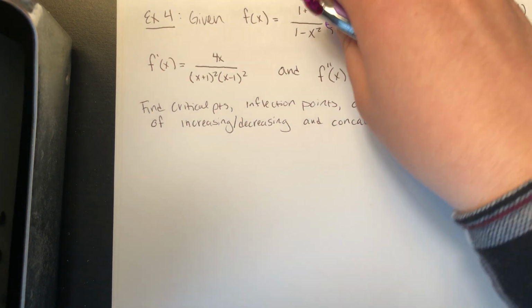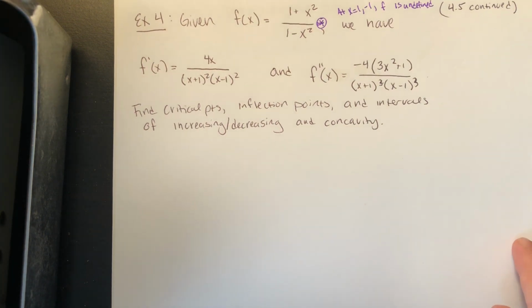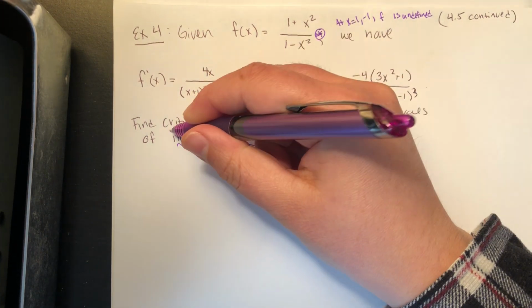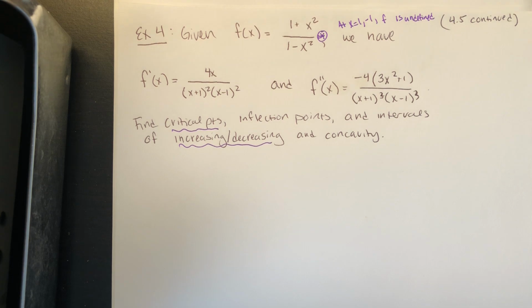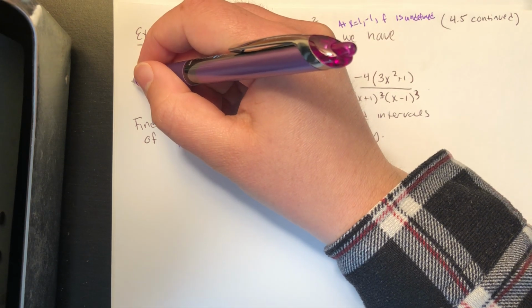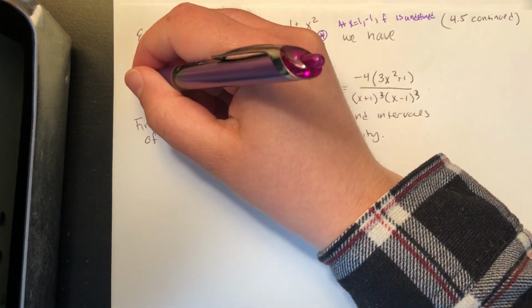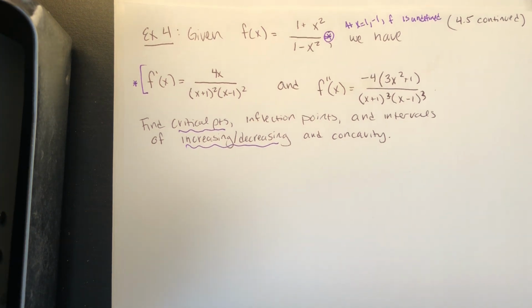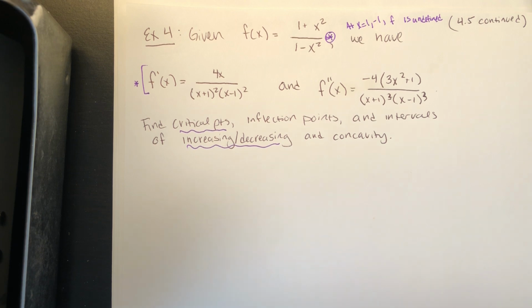All right, so let's start with the increasing and decreasing and the critical points. For these, remember, we have to look at the first derivative. That's this function right here. Okay, so we want to figure out, for critical points, where is that function undefined or equal to 0?